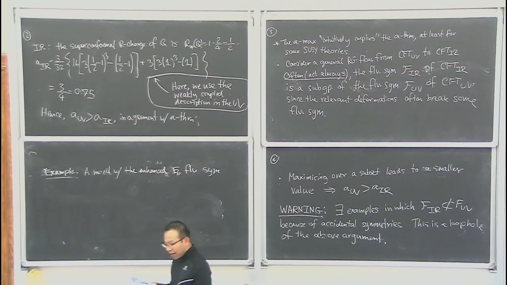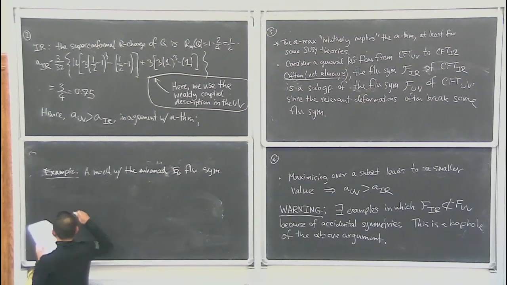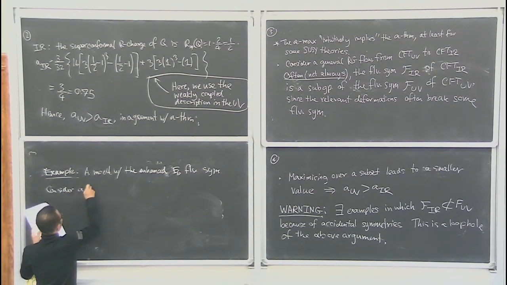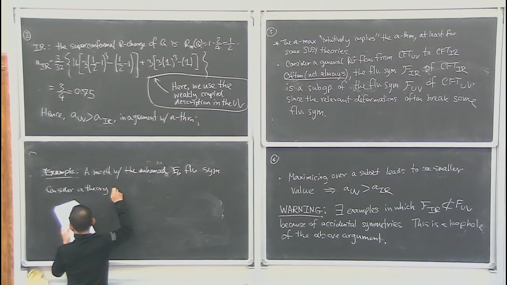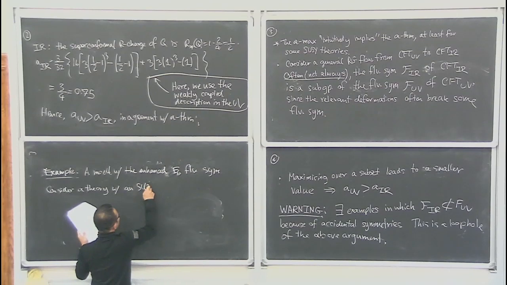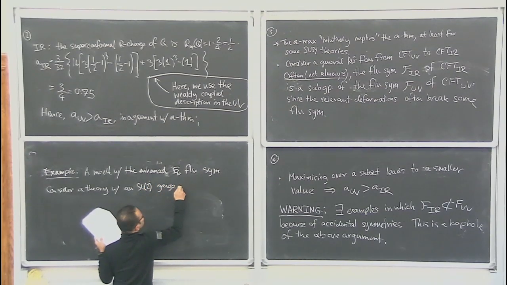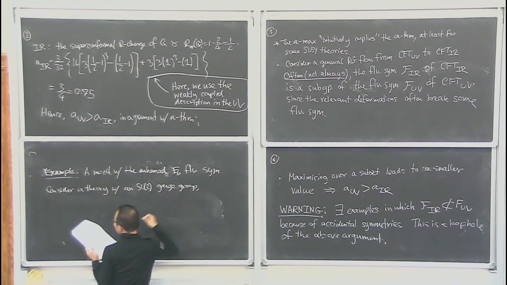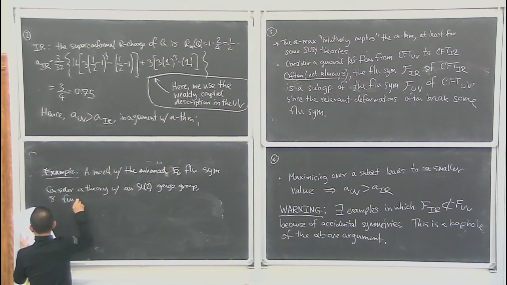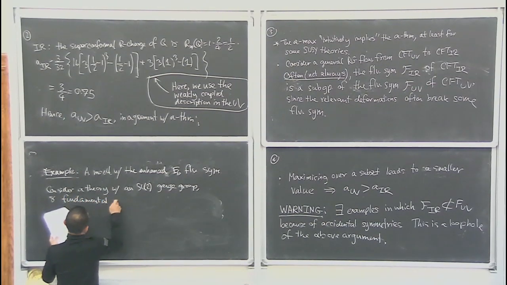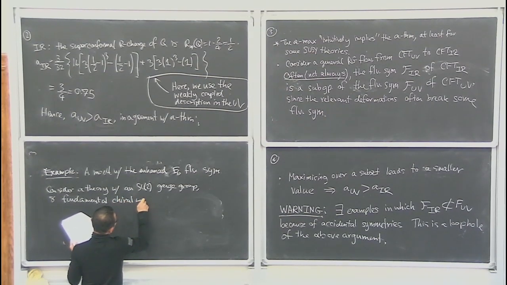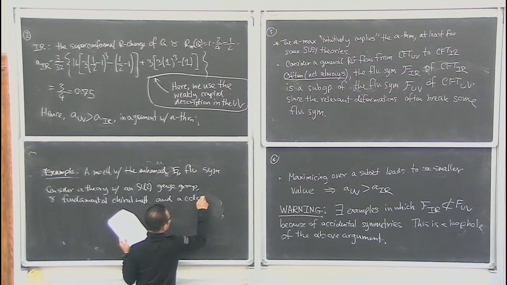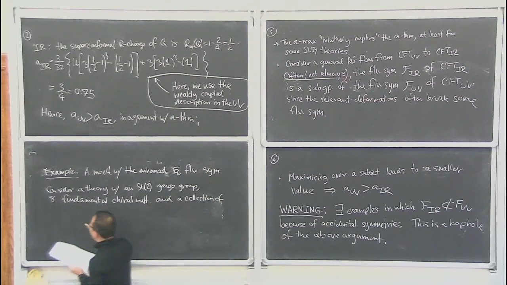Yeah. So this is a very nice example because, consider a theory with an SU2 gauge group. So it has only one gauge group. This is why it's very simple and nice, and it's good for teaching. 8 fundamental chiral multiplets, okay, and a collection of singlets.